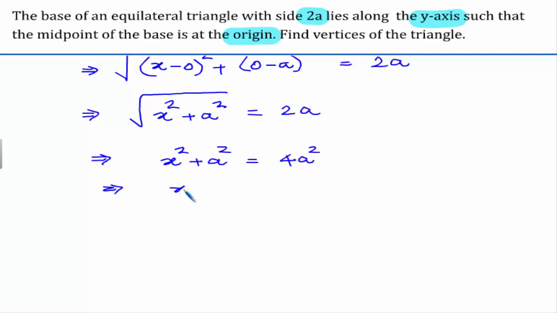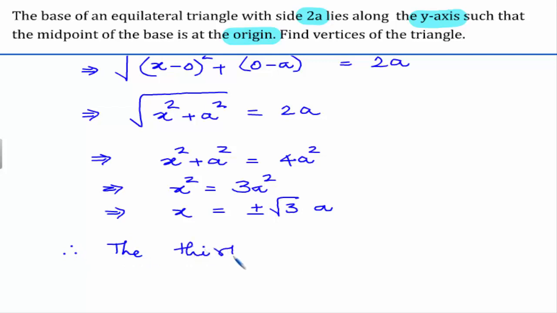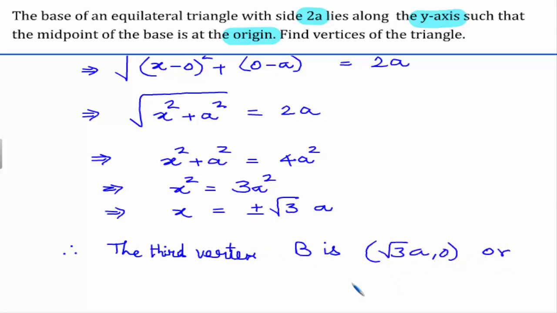This will give us x square is 3A square. So x will be plus or minus root 3A. So therefore, the third vertex B is either root 3A comma 0 or minus root 3A comma 0.